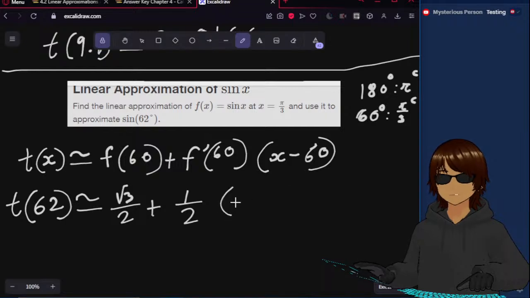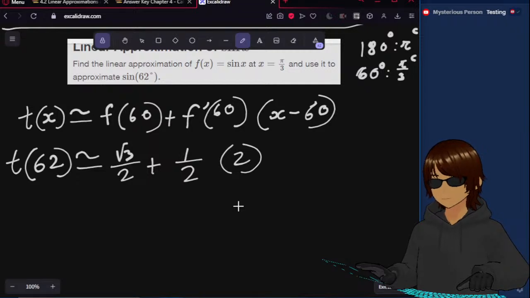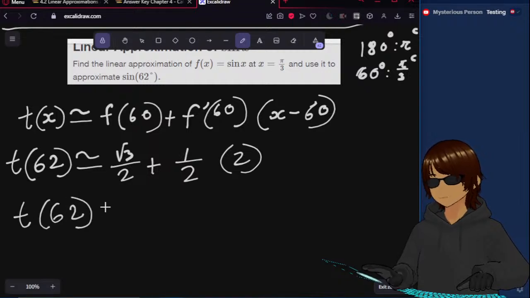And then 62 minus 60. So then this is equal to 1.866.